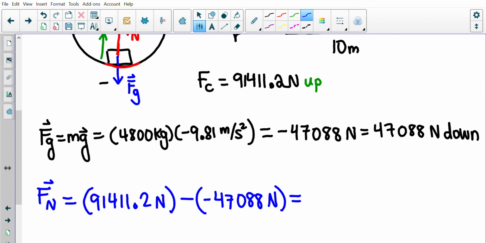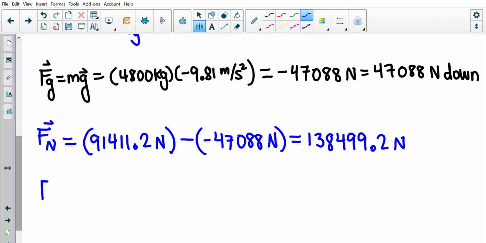And so, doing that in my calculator, I get 138,499.2 newtons.